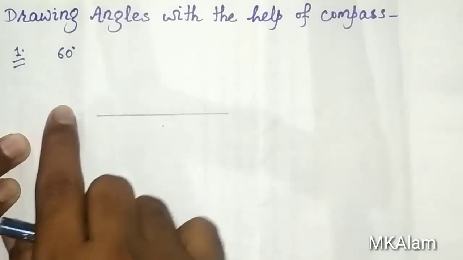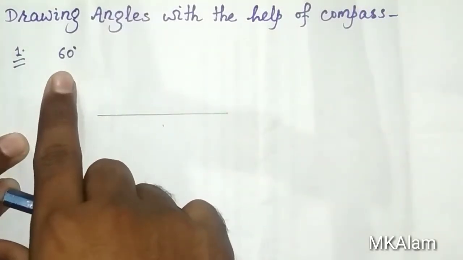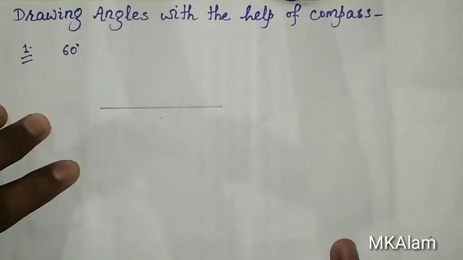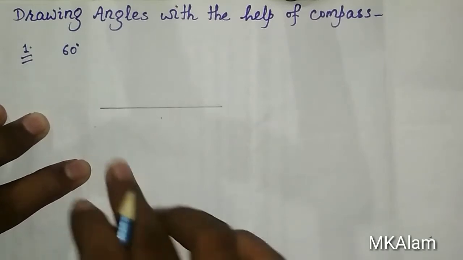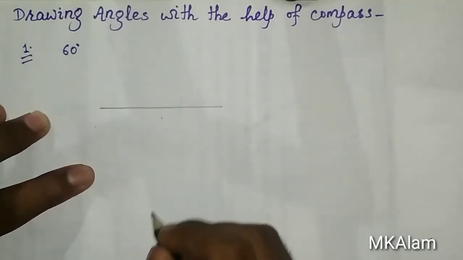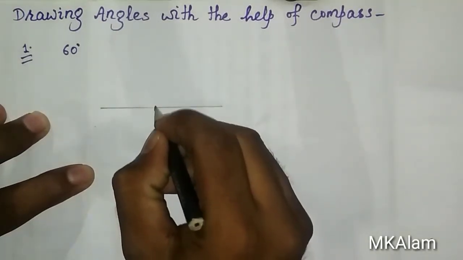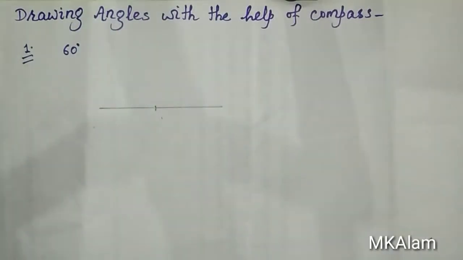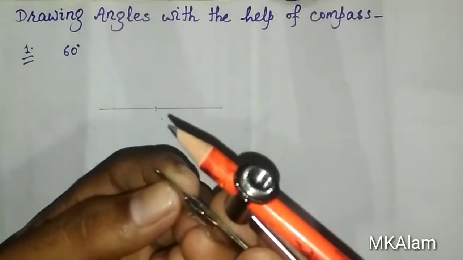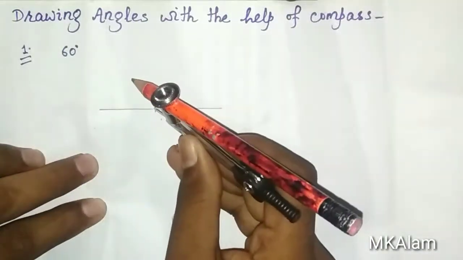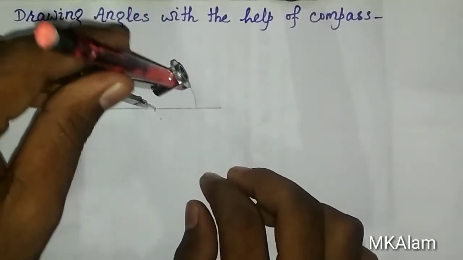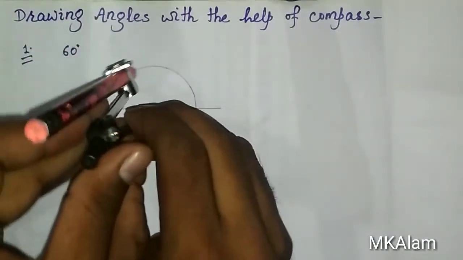First, we are going to make an angle of 60 degrees. Okay dear friends, first you have to draw a line, and after that you will have to take a point on this line, and take your compass, and this is your needle. This needle should be on this point, and after that you will make a semicircle with this.